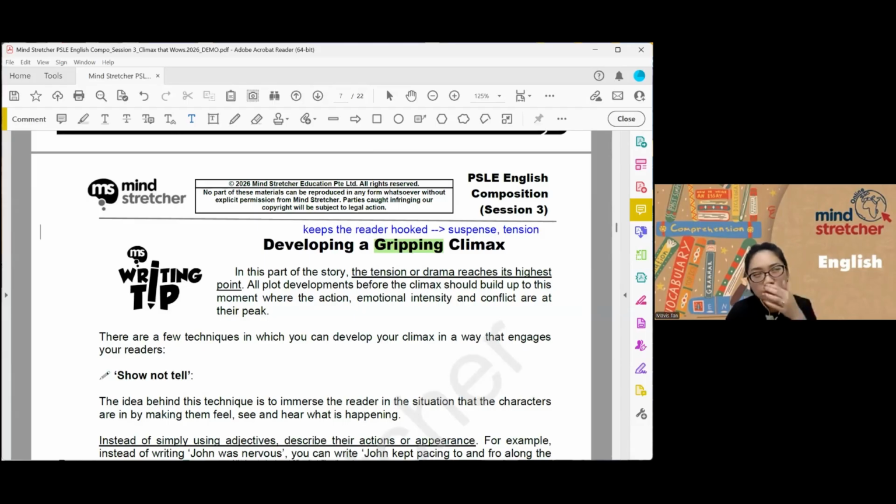Now, if you think of the last movie you watched, could be a Marvel movie, Avengers, or something action-packed, can you remember the scene? Okay, now if you can recall the scene, besides what you see on the screen, what do you hear?